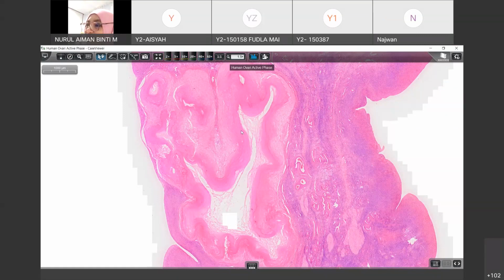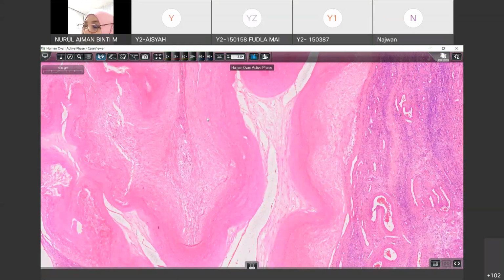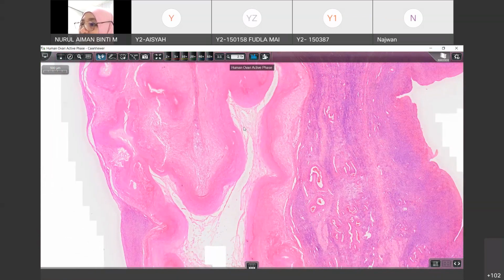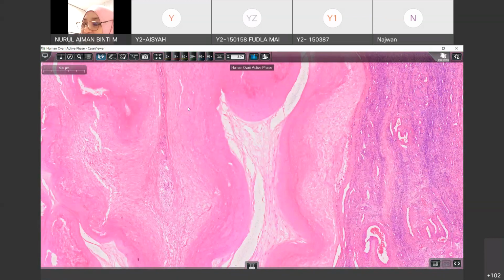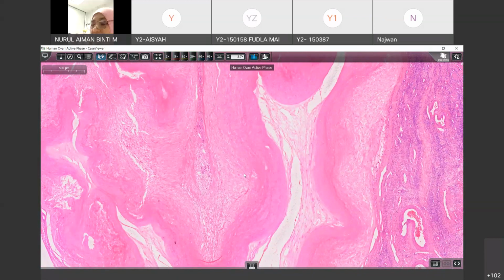How can you differentiate the corpus luteum? What happens to the follicle once ovulated? It will rupture. After ovulation, of course, there is rupture. So it will be left with which layers?